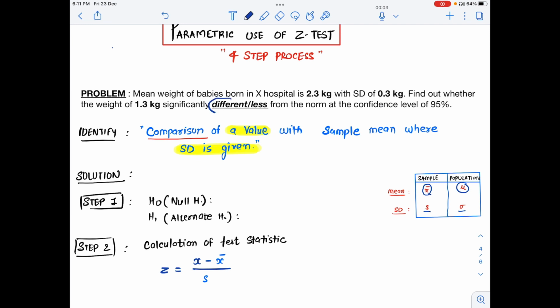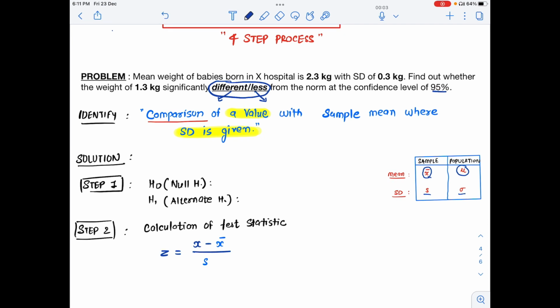Please underline this, because there will be two alternate hypotheses for each of these conditions. You have to apply the alternate hypothesis based on what is given in your question paper, from the norm at the confidence level of 95%.